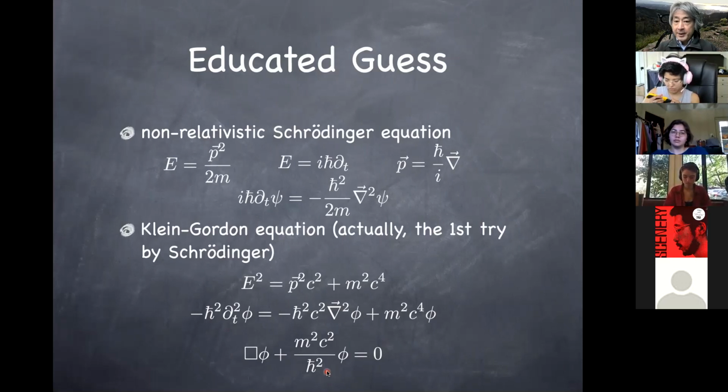But I hope the argument is very clear. Instead of using the non-relativistic relationship between energy and momentum, we use this fully Lorentz invariant relationship between energy and momentum we derived a few slides ago. This is just the Lorentz invariant product of P mu, by contracting lower and upper indices, right?